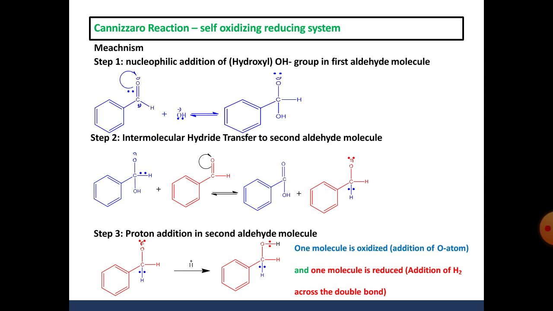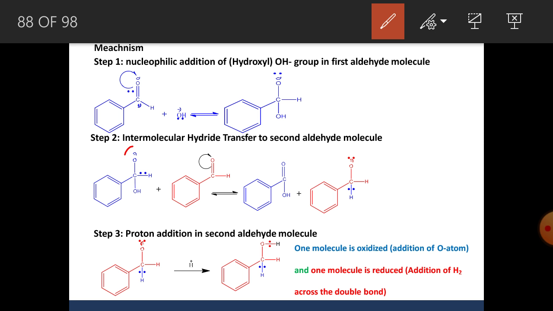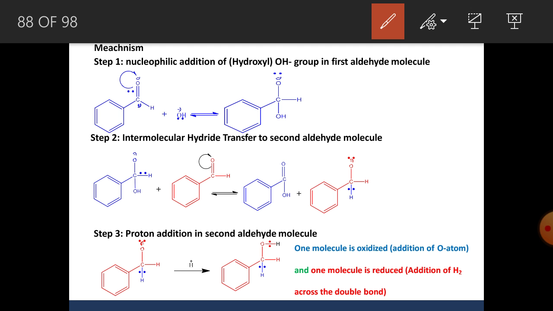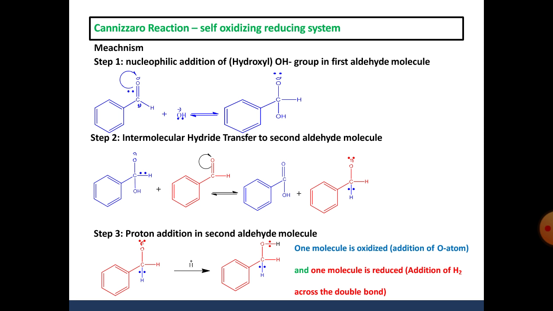As this oxygen is electron rich in this step, now we have to add a second molecule of benzaldehyde. Here two molecules are required. So from the first molecule, this oxygen donates electrons here and there is formation of a new bond between carbon and oxygen.